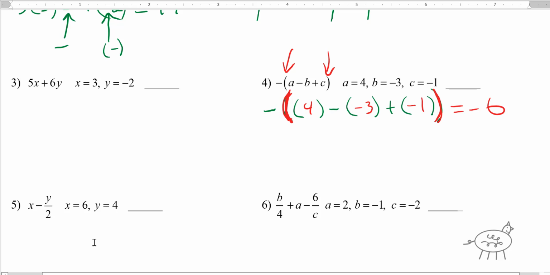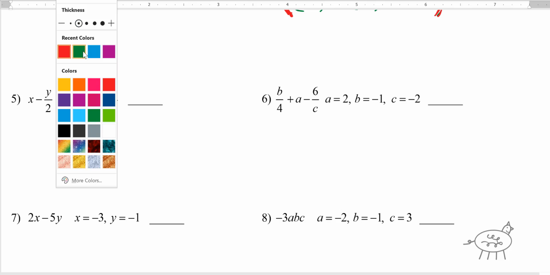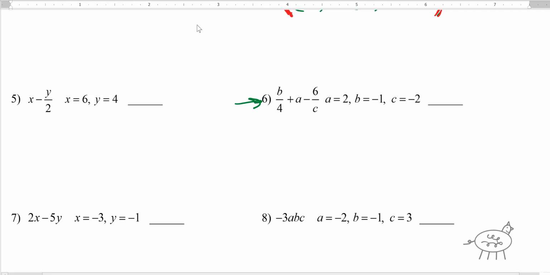They get a little more complicated. Let's change back to green here. They get a little more complicated, like number 6 here. And it's just a good habit to do that. So I'm going to type in parenthesis divided by 4 plus parenthesis minus 6 divided by parenthesis.